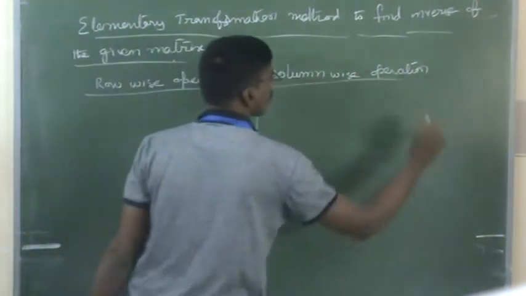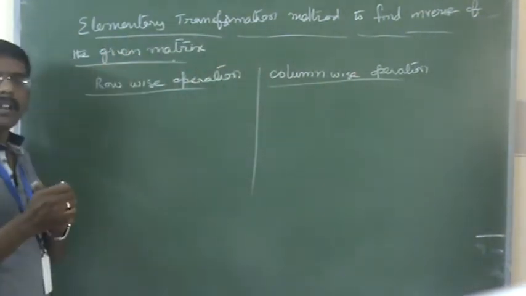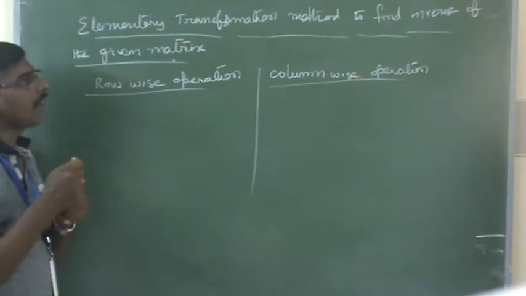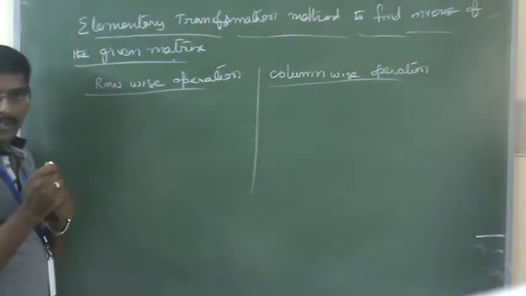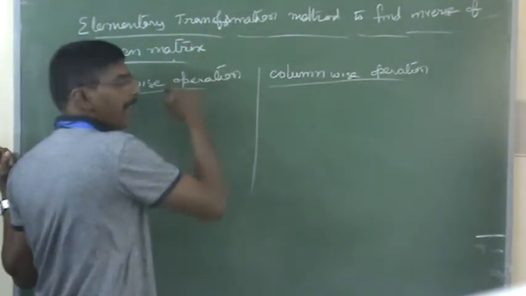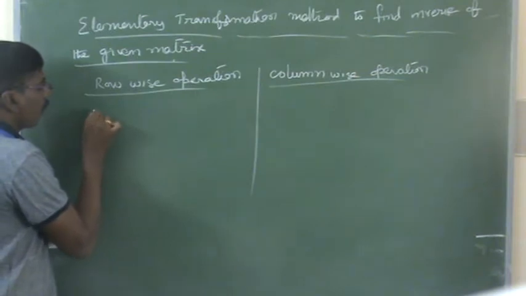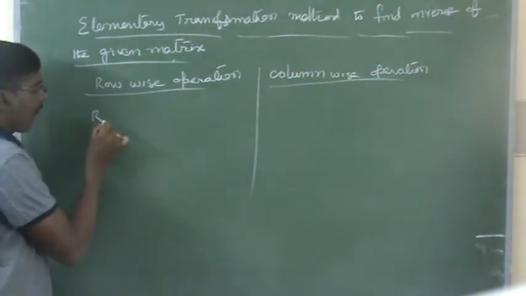What are the rules? What are the operations that exist to find the inverse of the given matrix? That you should know. By using elementary transformation for finding the inverse of the given matrix, we can interchange two rows or two columns.